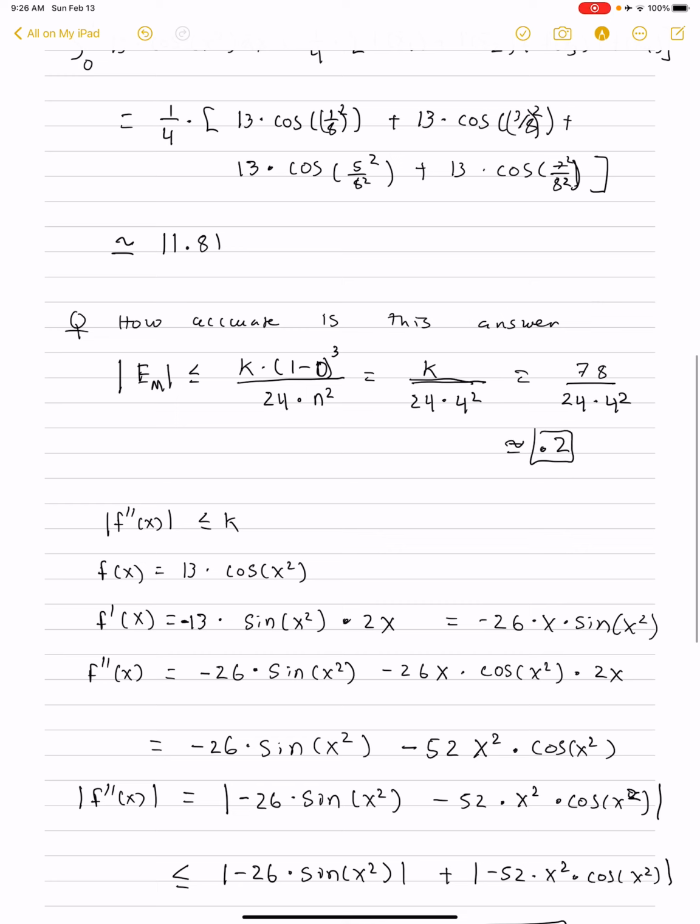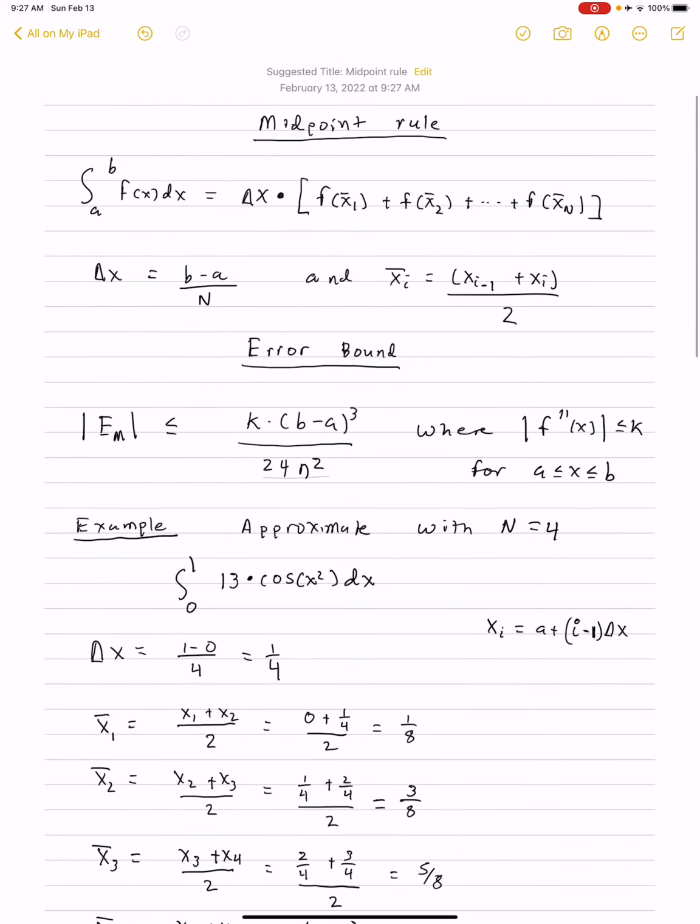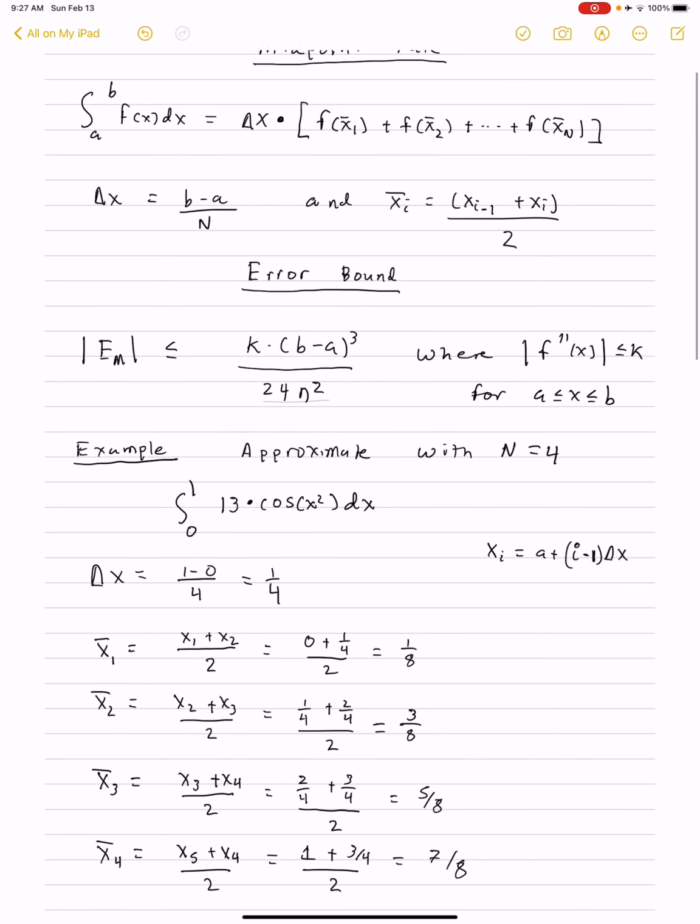So I know that this answer is good to within 0.2 of the actual answer. Technically this is 0.203 if we want to be really precise, depending on how many significant digits we want. Okay, thank you very much. That was just a brief introduction to how to use the midpoint rule along with this error bound.